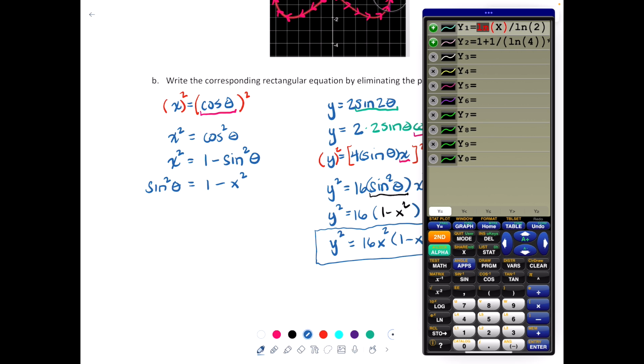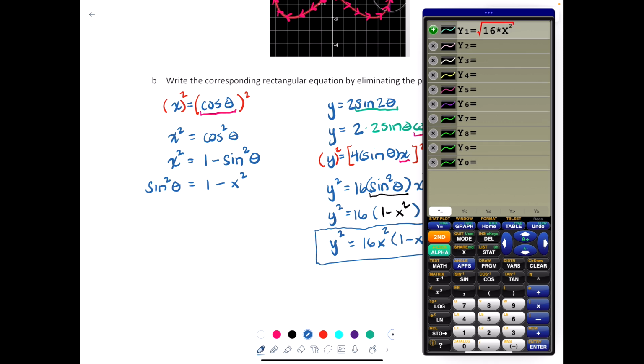So if we go to y equals, we'll have the square root of 16 times x squared times the quantity 1 minus x squared.